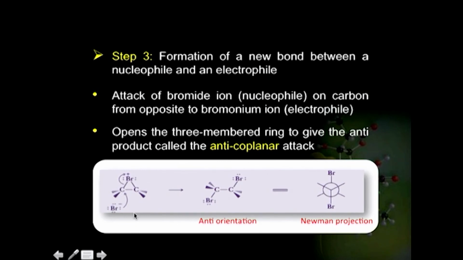So, we should observe that here the three-membered ring opens up to give the anti-product, called the anti-coplanar attack. Because this is a planar molecule, there was a bromonium ion and the bromide ion has attacked from the opposite side, therefore we call it anti-coplanar attack, which results in the formation of the corresponding alkyl halide.